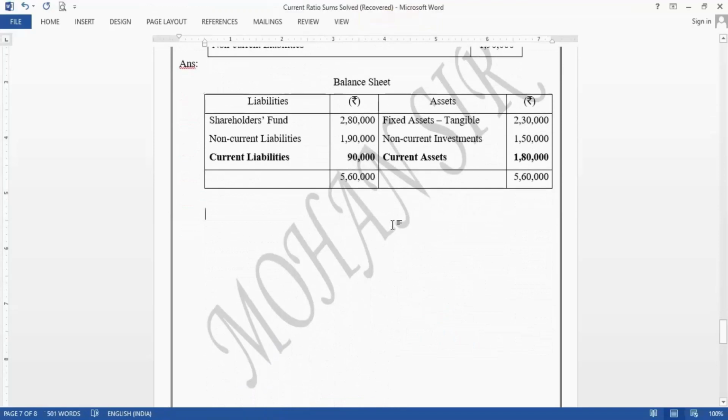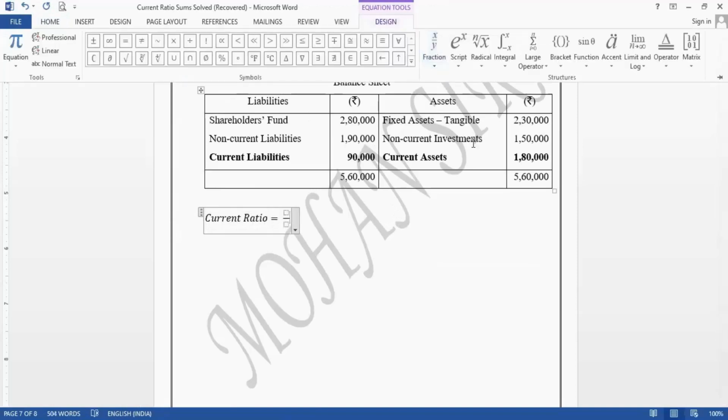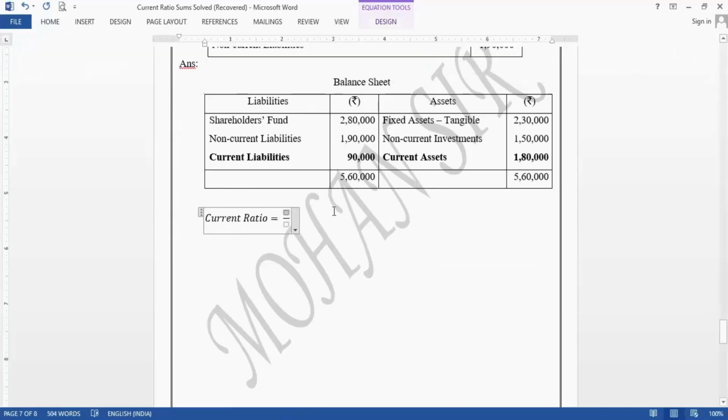Let us now solve the sum for the current ratio. The formula for the current ratio, everybody knows this now, is current assets upon current liabilities.